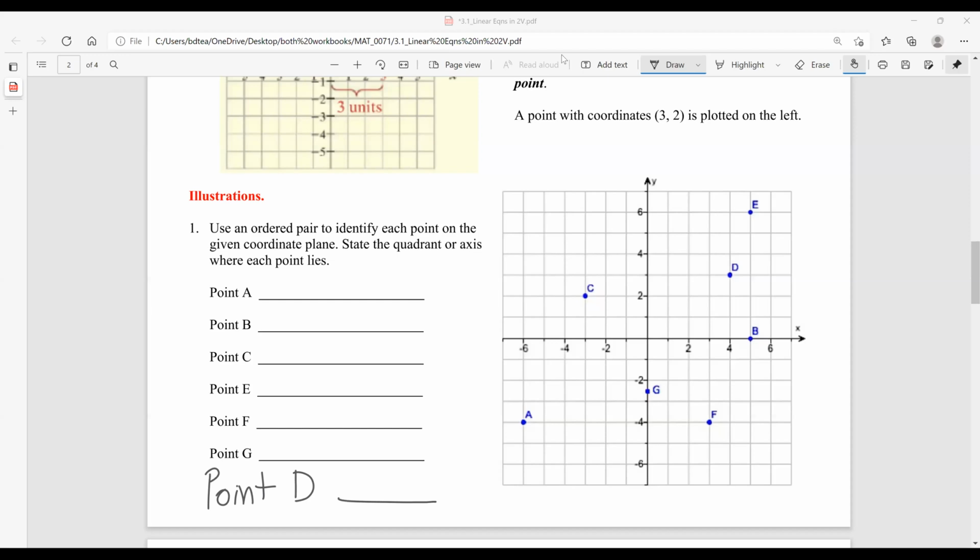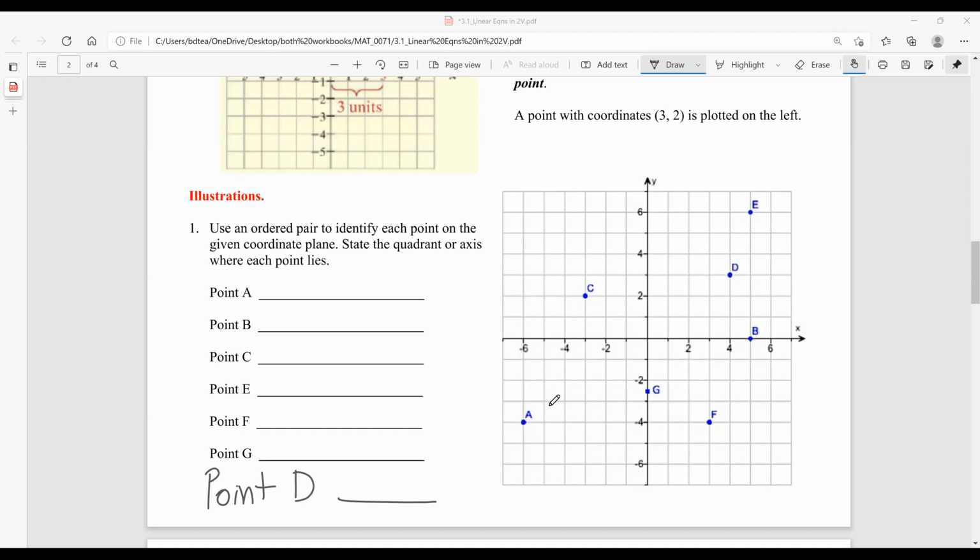To put this framework into practice, we're going to use the illustrations here. We're going to use the ordered pairs to identify each point on the given coordinate plane, and state the quadrant or the axis where each lies.